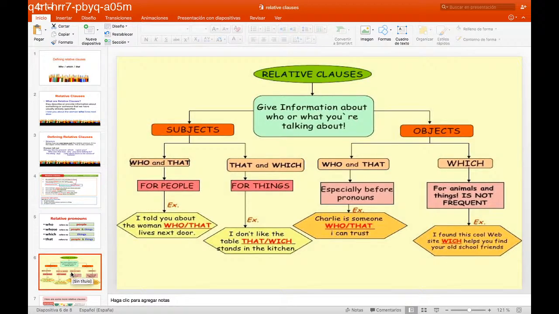Over here, we have a chart, and it says that relative clauses give information about who or what you are talking about. It's important to understand that we can make reference to subject and to object. I won't explain this one because it's more difficult, but it's important to understand that for people, I have who and that, and for things, I have that and which.